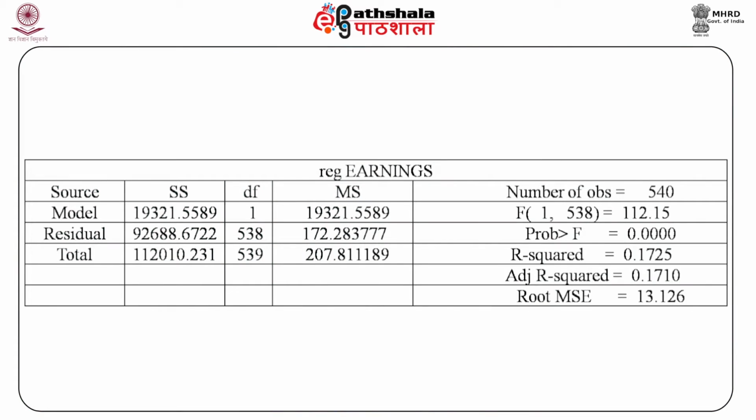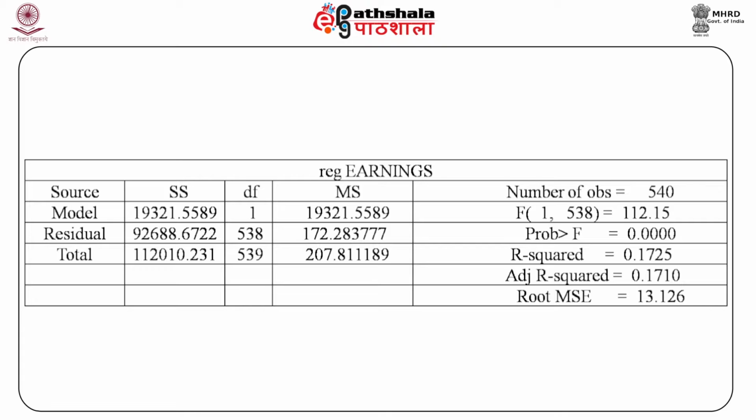Let's take another example, where we have the hourly earnings as a function of years of schooling. From this example, we have calculated the ANOVA table, which gives us the regression of earnings.